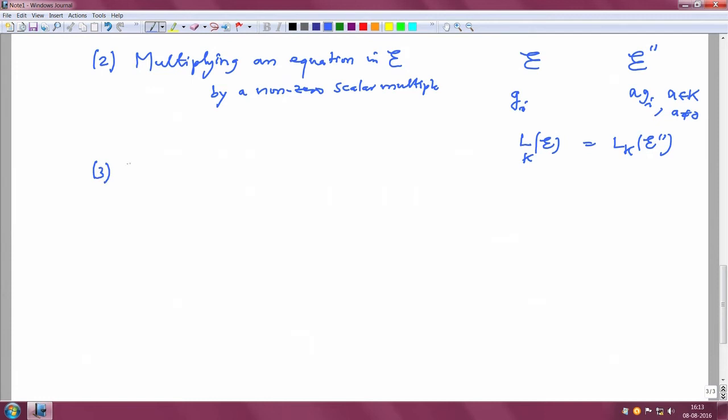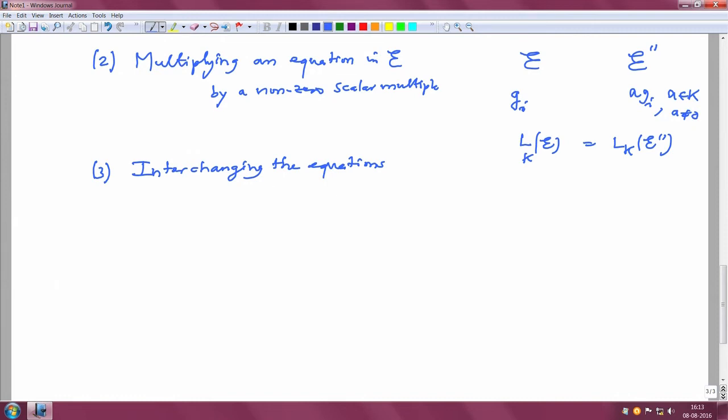Third one, interchanging the equations. This is the easiest of all, because if you interchange the order of the equations, then the solution space of the system does not change.